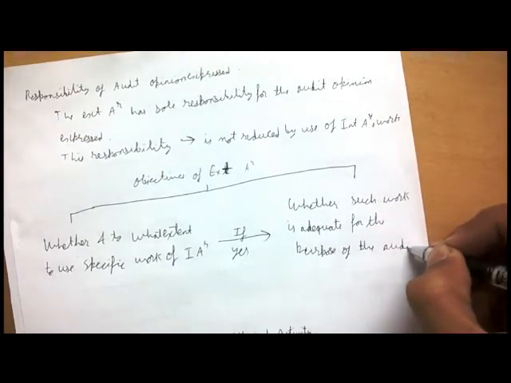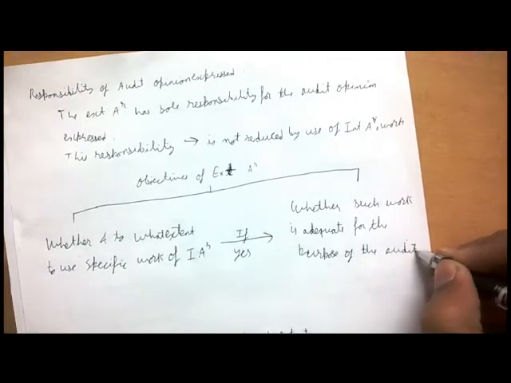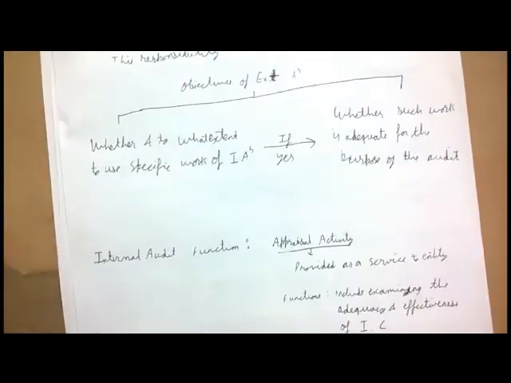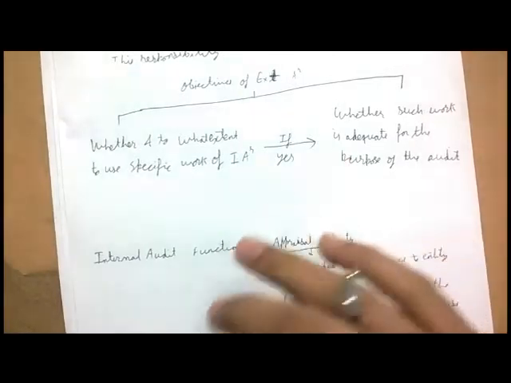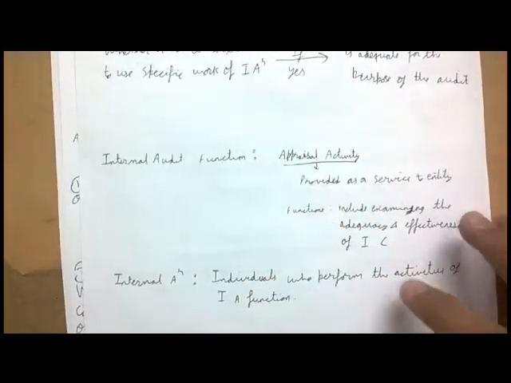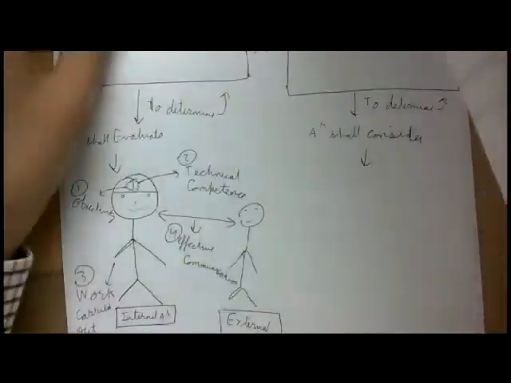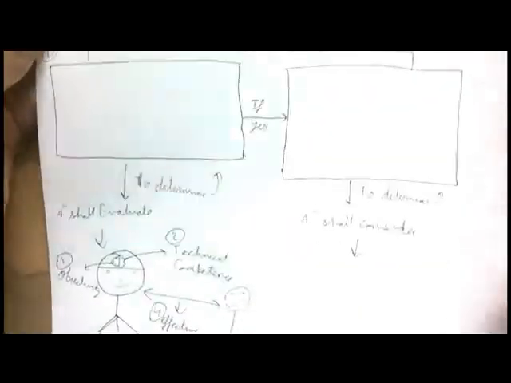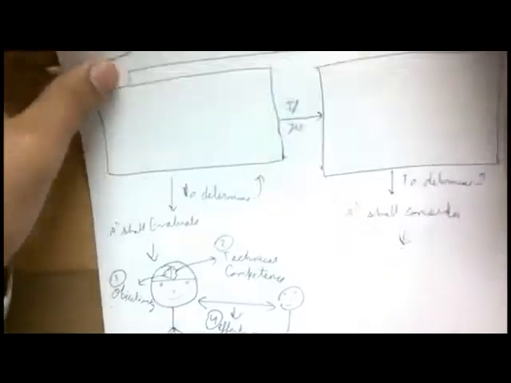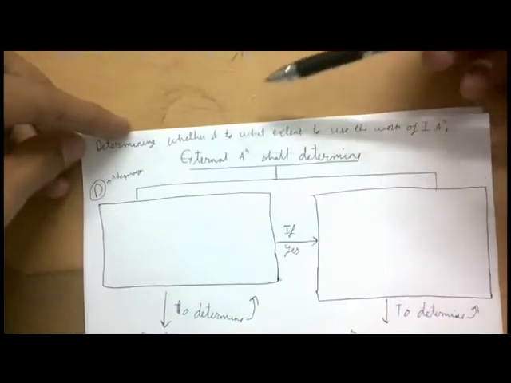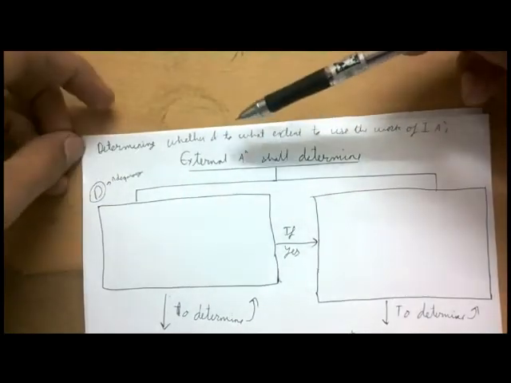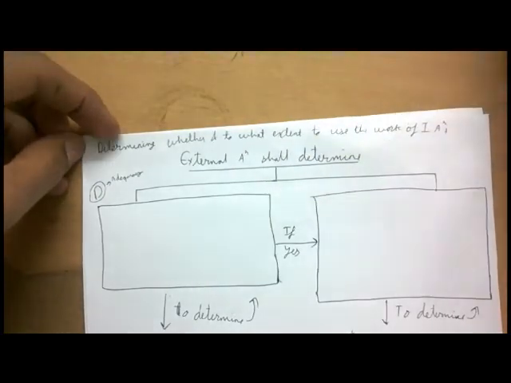Audit means your external audit. Whether it is going to be adequate for the purpose of audit. Now, these two definitions I've already covered in the starting of the video, regarding the internal audit function and the internal auditor. Now, moving on to the objective, determining whether and to what extent to use the work of the internal auditor.